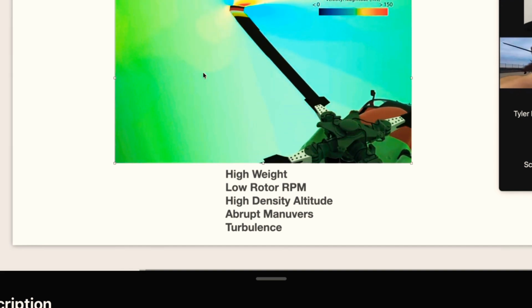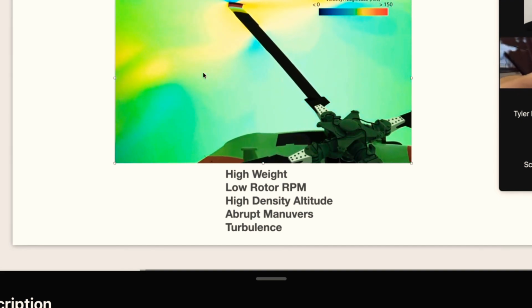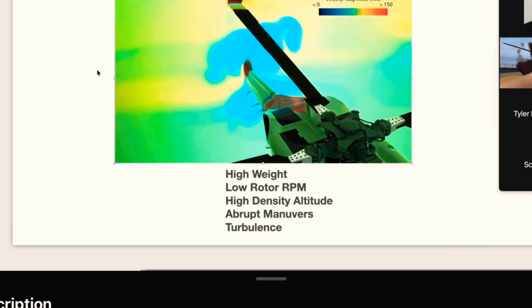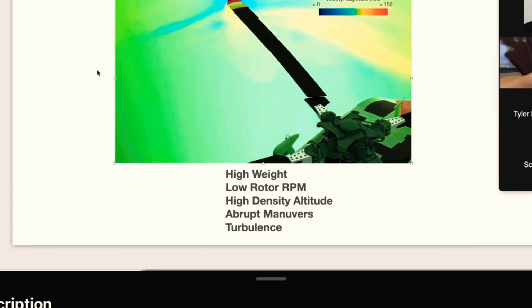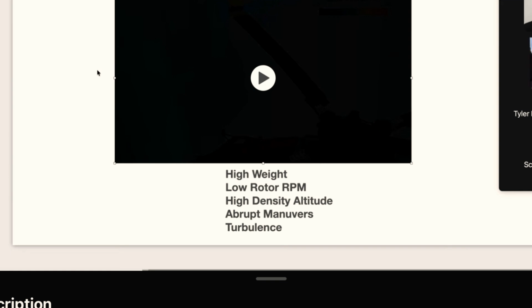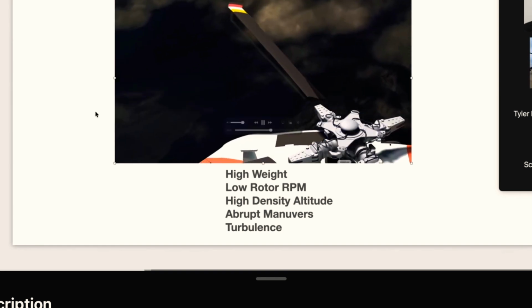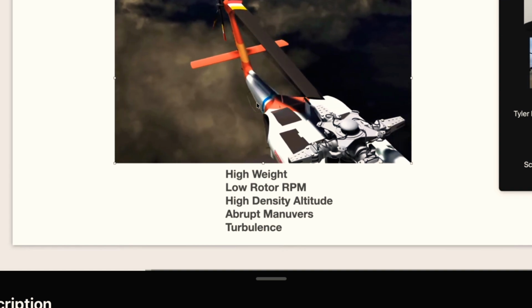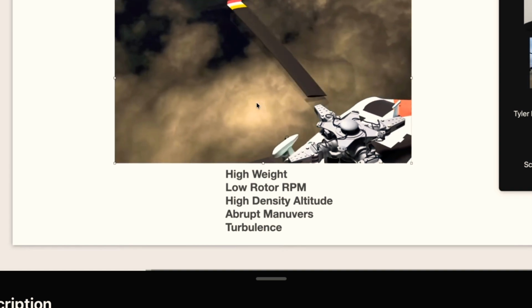High DAs: the thinner air requires a higher angle of attack to generate the same amount of lift that you would have at standard sea level air pressure. And then abrupt maneuvers and turbulence act similarly, where sharp turns or quick pull-ups increase the G load factor, and that will demand more lift, pushing the blades past their stall limit.